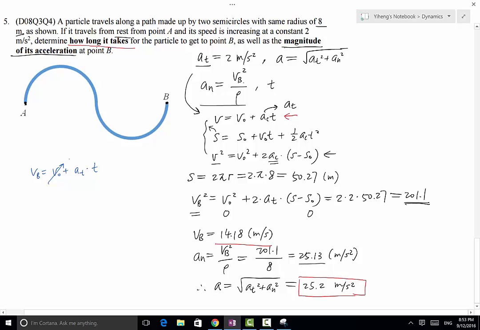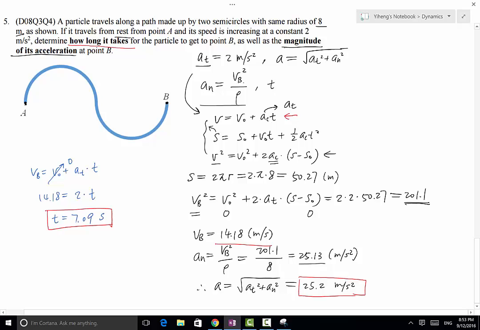V0 is 0, therefore 14.18, which is VB, simply equals AT, that's 2, times T. From here, T can be solved to be 1.09 seconds. So that answers the first half of this problem.